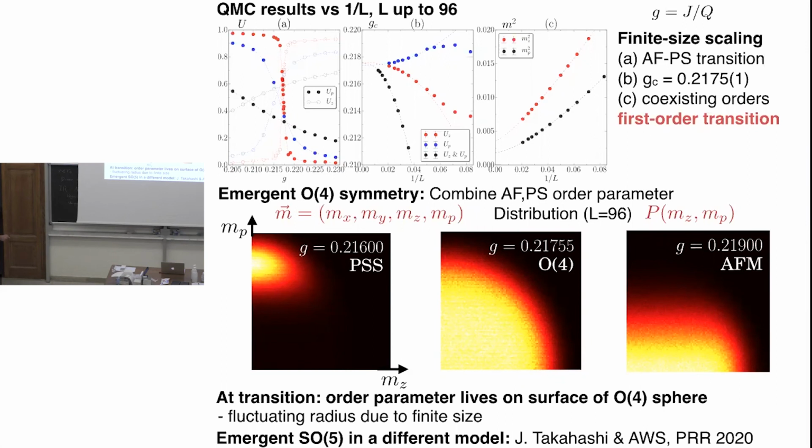So now we have emergent symmetry at a relatively strongly first order transition, which would indicate that in some sense this is close to an O4 critical point, and we have some surviving O4 symmetry on a large length scale, up to L equals 96 at least.